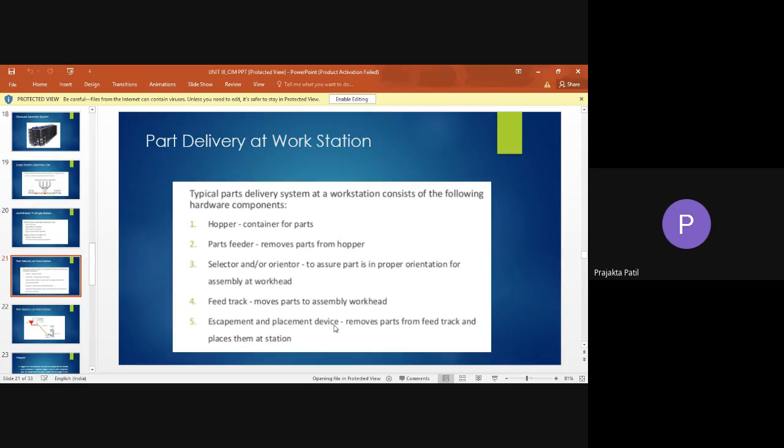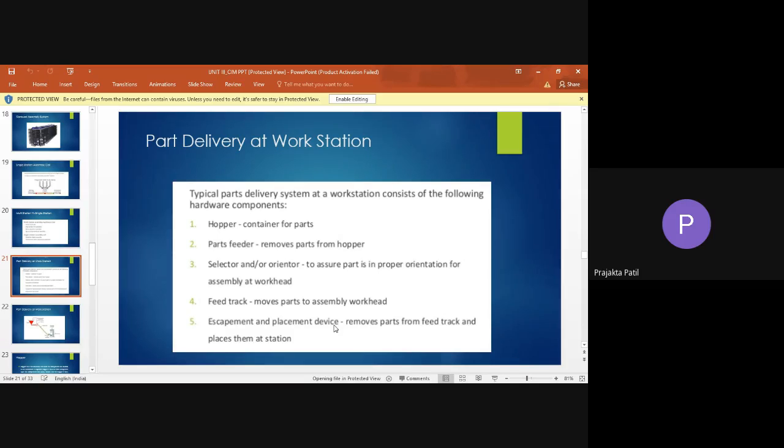A typical part delivery system at a workstation consists of the following hardware components. First is a hopper. As I said, one of the design considerations is hopperability, right? You should have the ability to accommodate this hopper at the start of your assembly line. The hopper is basically a container for parts. It is going to have all the parts which have to be assembled.